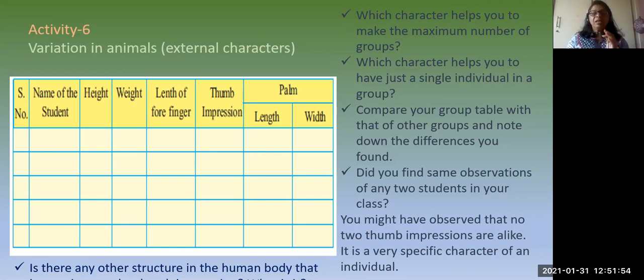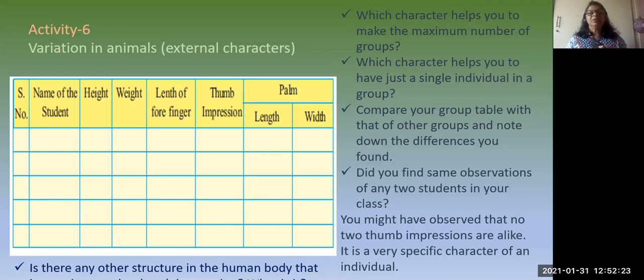Is there any other structure in the human body that has similarity? Which character helps you make the maximum number of groups? A small character that increases the number of groups. Which character helps you have just a single individual in a group?